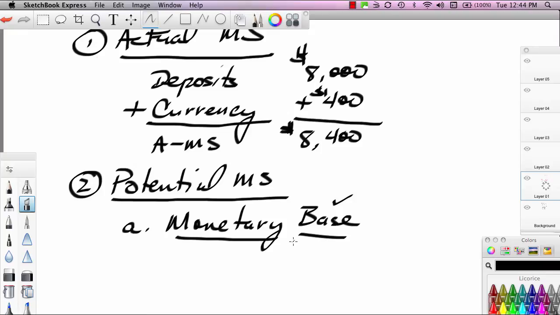It doesn't even control the quantity of currency in circulation. What the Fed can do is manipulate the size of the monetary base, and by manipulating the size of the monetary base, it can manipulate the size of the potential money supply, which will ultimately affect the size of the actual money supply.